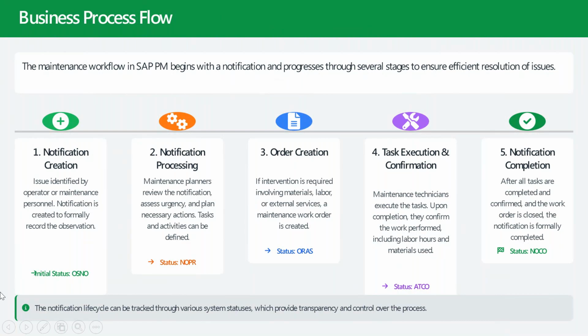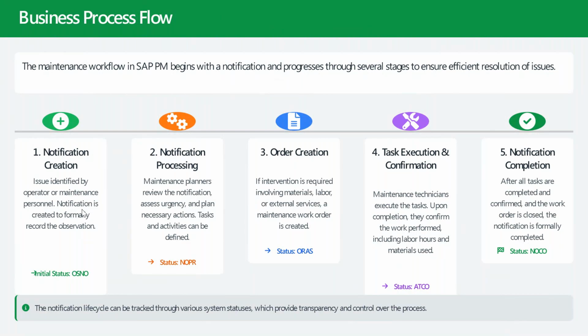Once we identify an issue, we create a notification, and many times it is created automatically based on the maintenance plan or some other provision. So here the initial status will be OSNO.